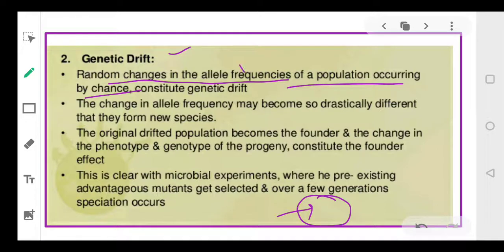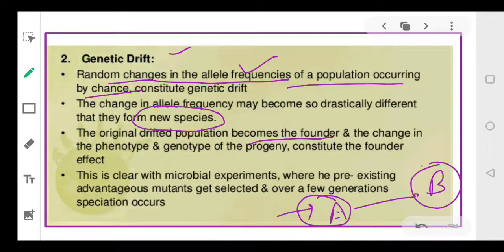So again there will be change in the allelic frequencies. Okay. And it might be possible that it might lead to formation of new species. Okay, this might form new species. And the original population then will become the founder. This population will then act as a founder and this will form a new species, that is B species. So genetic drift should also be absent.